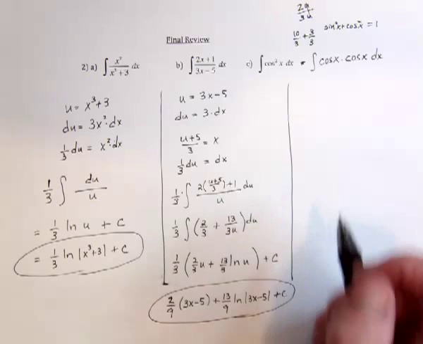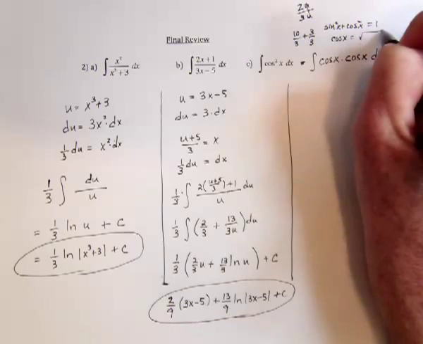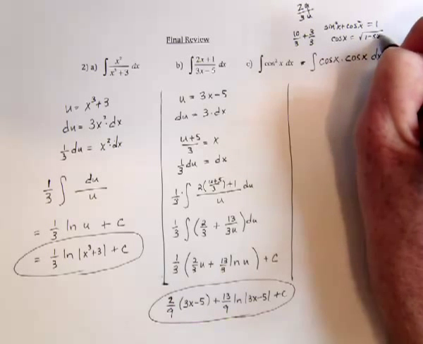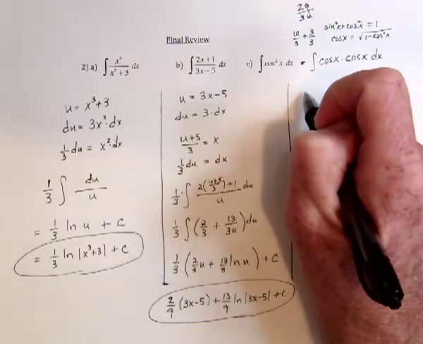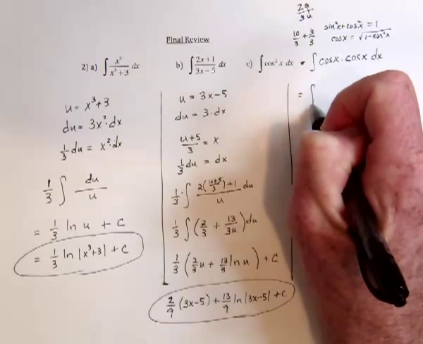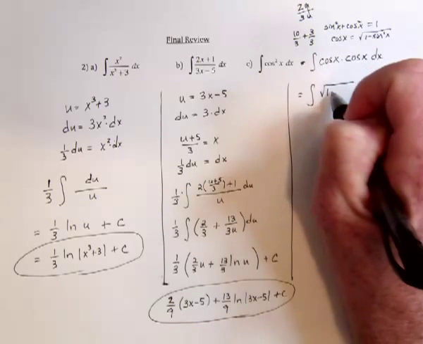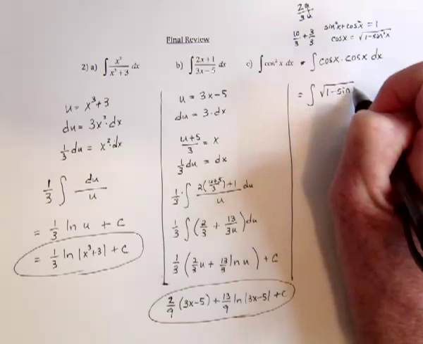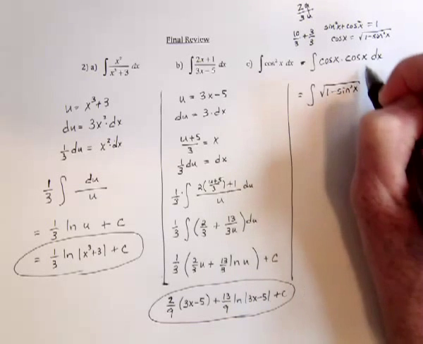And from that we can derive that cosine is equal to the square root of 1 minus sine squared. So I'll replace this one with that square root of 1 minus sine squared. And this cosine just stays there.